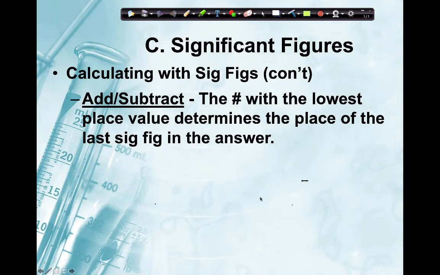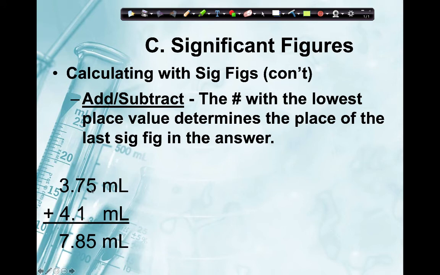Okay, if you add or subtract, it's a different rule. The number with the lowest place value determines the place of the last significant figure in the answer. Usually, this just easily translates into the lowest number of decimal places determines how many decimal places your answer will have.